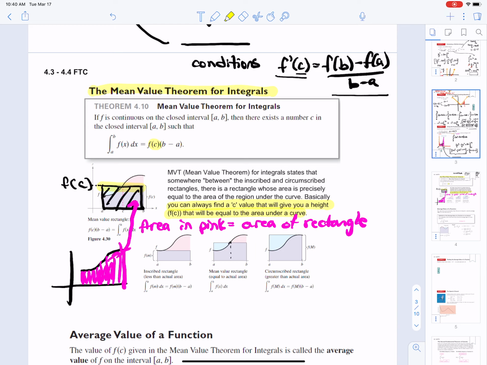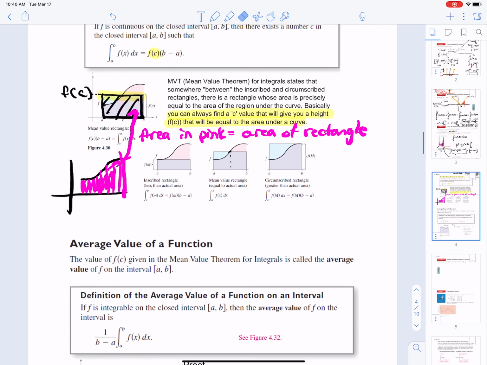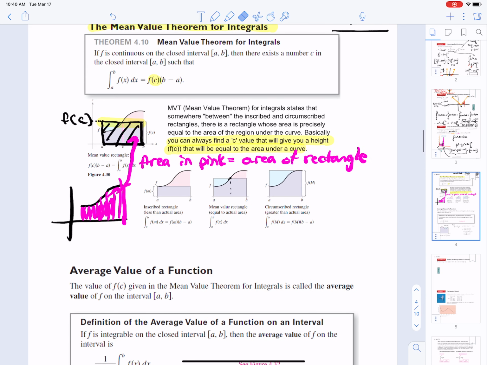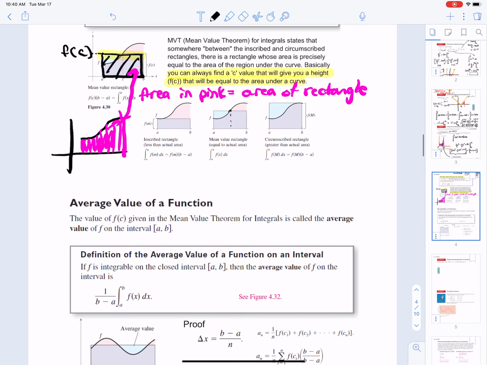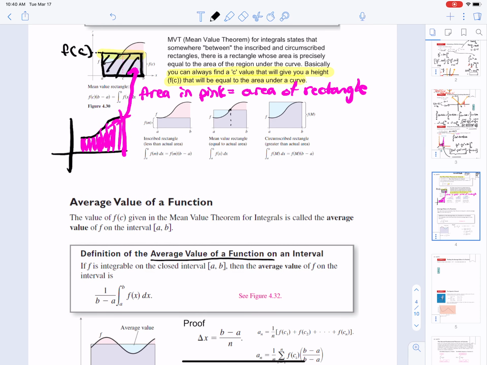This is actually quite powerful because the area of a rectangle is much easier to find than the area of a function that is all curved and that we can't approximate. Now if I isolate for f of c in this formula, this is called the average value of a function.